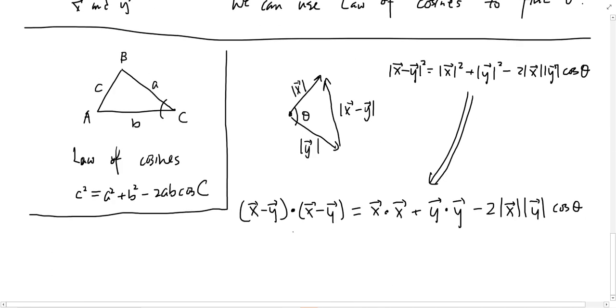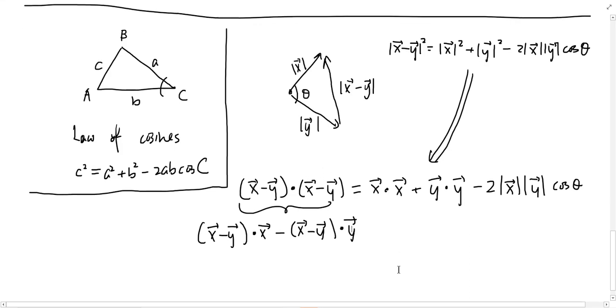I'm going to say, well, just this part right here will turn into x minus y dot x minus x minus y dot y, by taking this and distributing to both x and y, keeping the negative.